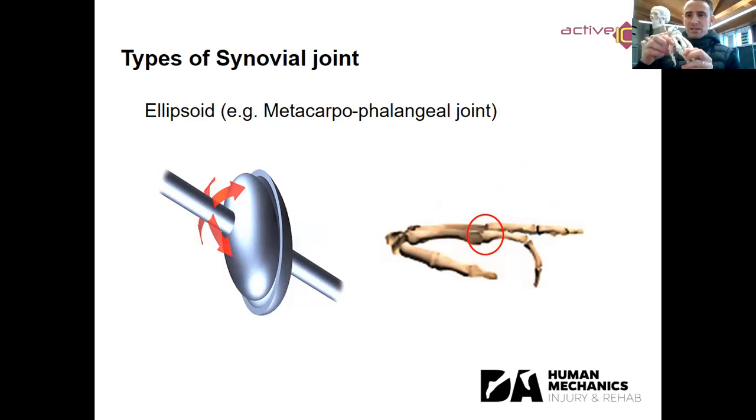So we have the metacarpals, here, where it meets the phalanges, which is the extension of our fingers. So these end bits. So again, here, the ellipsoid, similar to the saddle, is that they don't provide a great deal of movement. They're often compared to a ball and socket in terms of the movement created or the movement allowed within these joints. I don't know if you can see that very well.